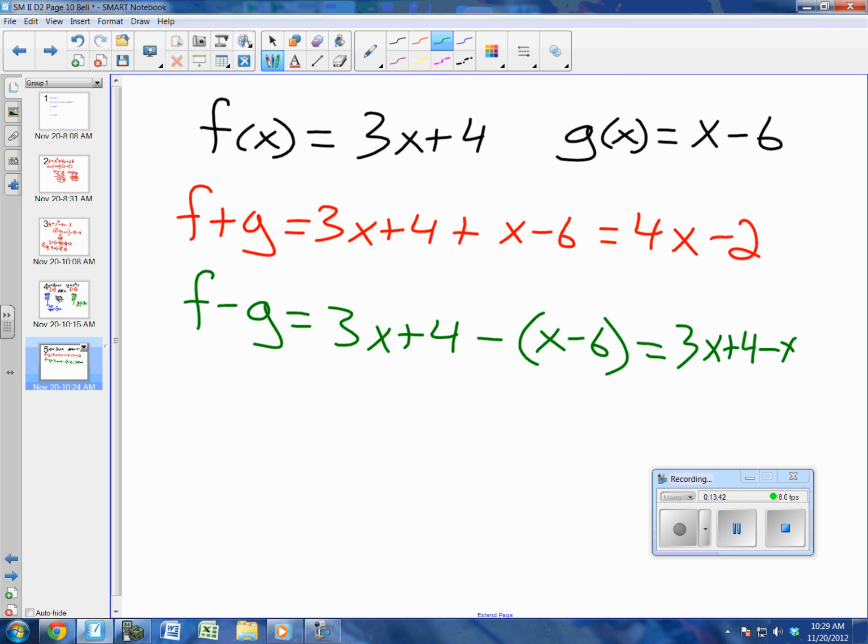You're minusing x, and you're minusing a negative 6. What happens when you minus a negative 6? You add 6, right? And so if you combine like terms, 3x minus x is 2x. 4 plus 6 is 10. Got it? Okay? Got it? Okay, next one.